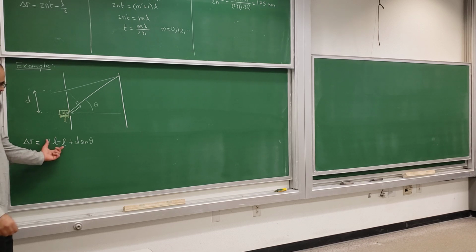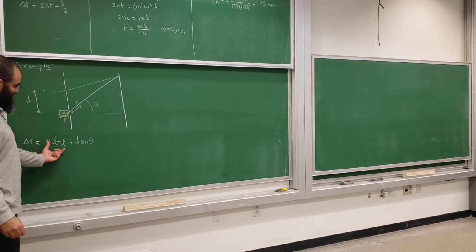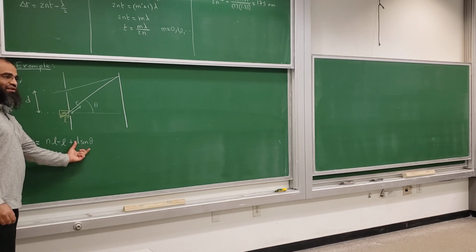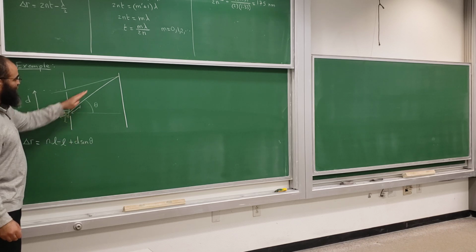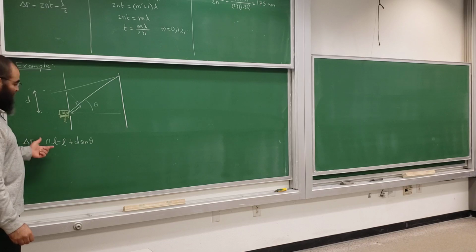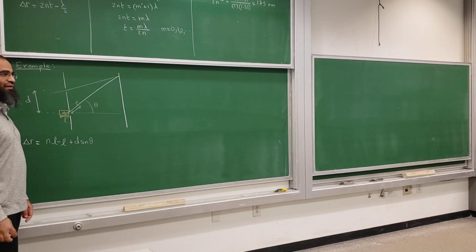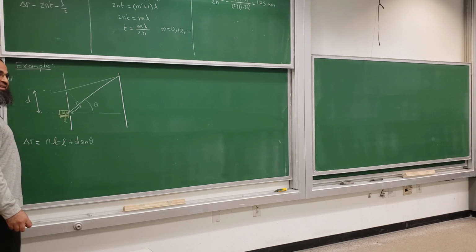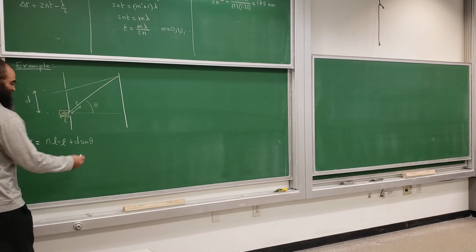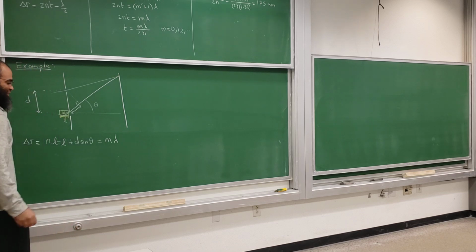So you got this much due to the shift before even the slits come in, plus this additional distance due to the angle. And so if I'm looking for constructive interference, what should I set this thing equal to? M times lambda.